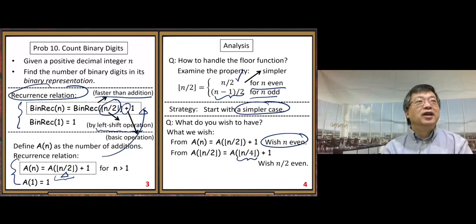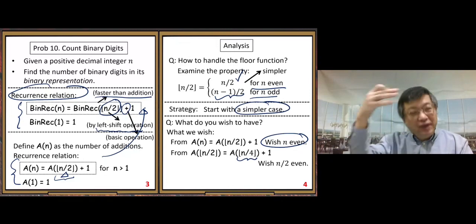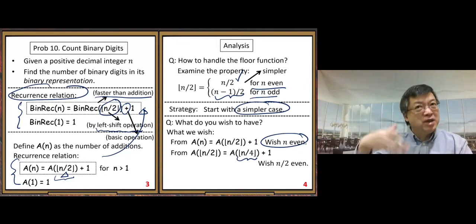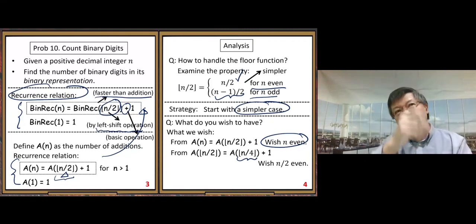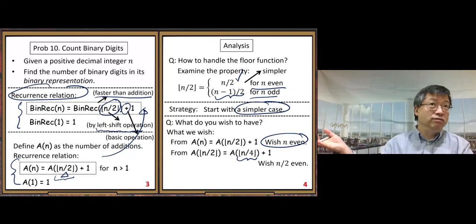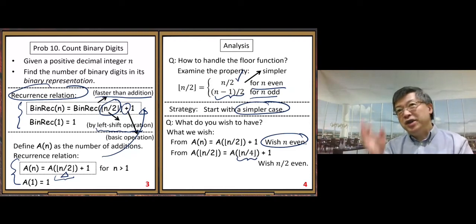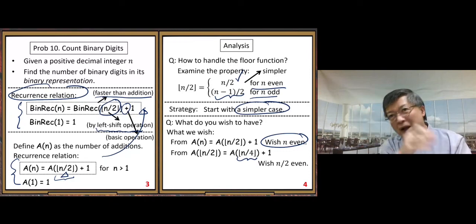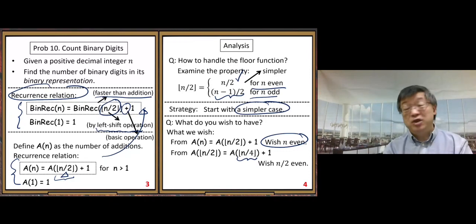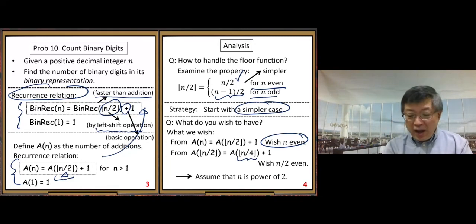So every time we reduce the problem size by half, we assume the original problem size is an even number to be easier for us. If you keep assuming that, at the end, you will have n is a power of 2, right?